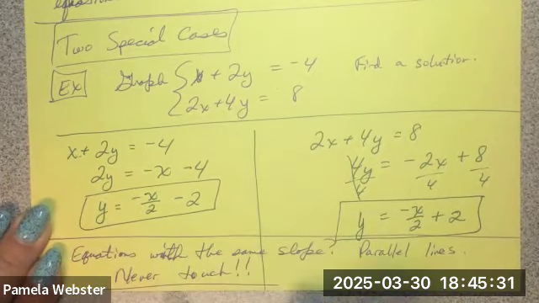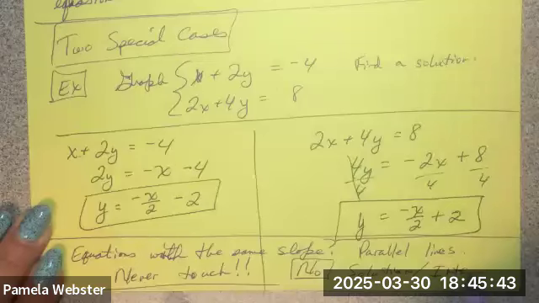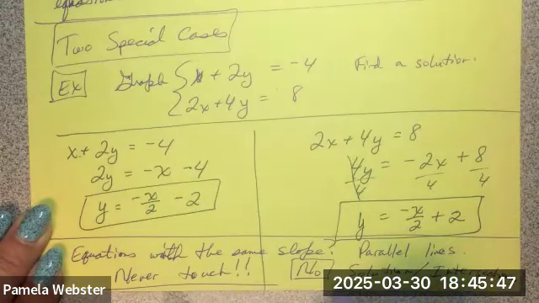Right? They never ever are going to touch. So what does that mean? What is their solution? There's no solution, right? Because there's no intersection. They're not going to meet because they're parallel.